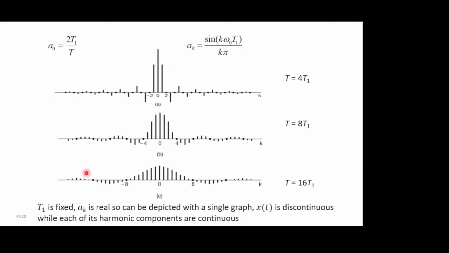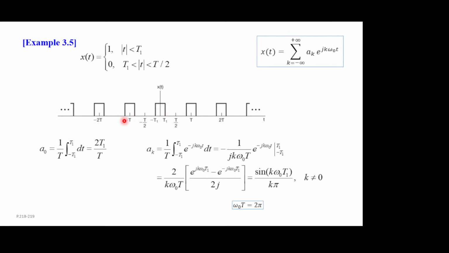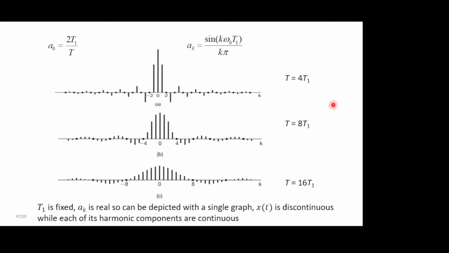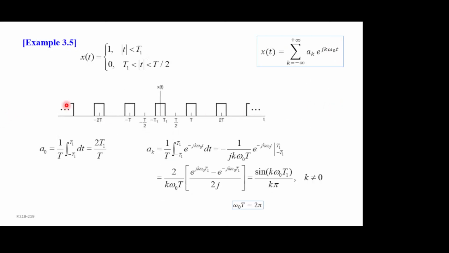And anyway, you see this a_k, we plot that here. The interesting thing here is, as we said, x is discontinuous, but all those e to the jk omega naught t are continuous. So how does that make sense? You add together a whole bunch of continuous signals, and you get a discontinuous signal.